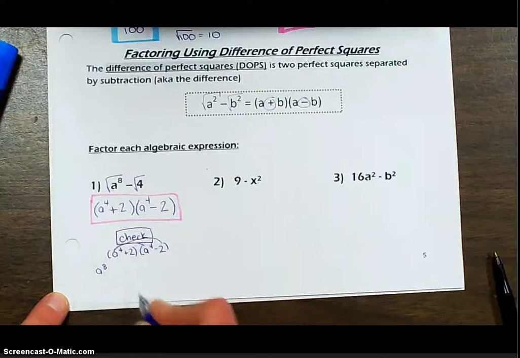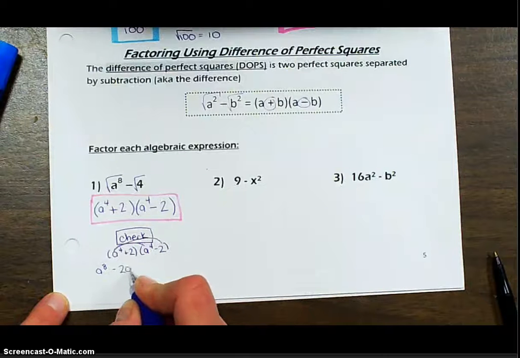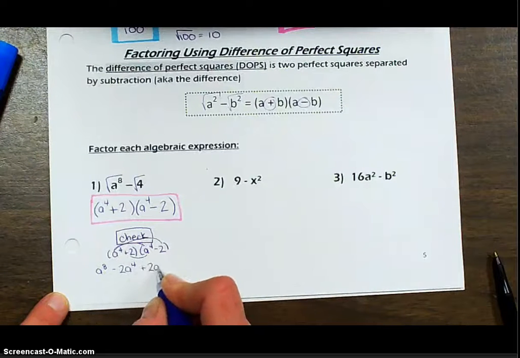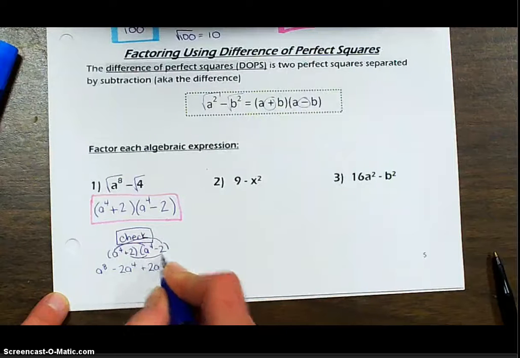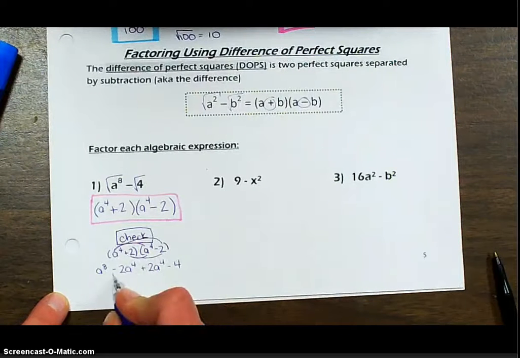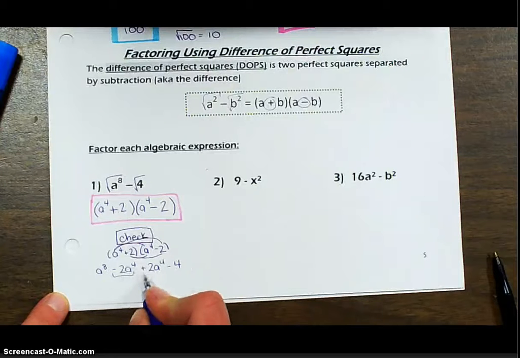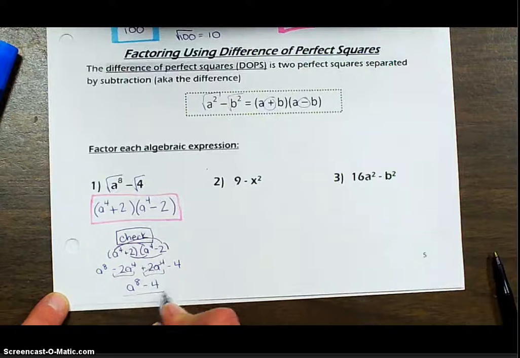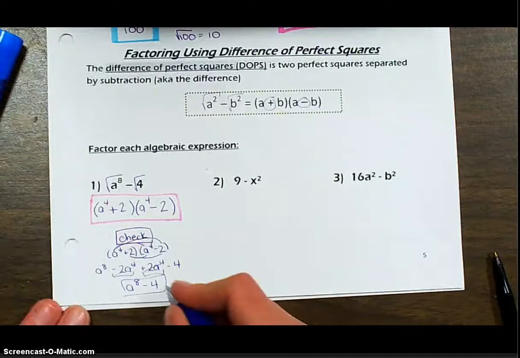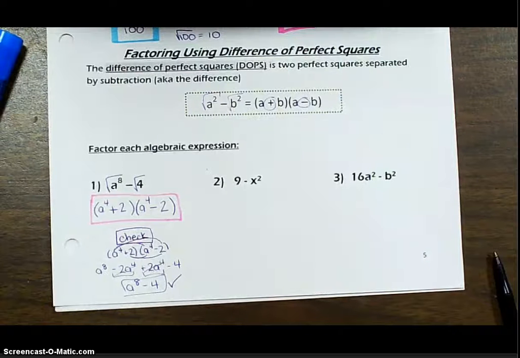A to the 4 times negative 2 is negative 2a to the 4. 2 times a to the 4 is plus 2a to the 4. And positive 2 times negative 2 is negative 4. When I combine like terms, the negative 2a to the 4 and positive 2a to the 4 cancel. So I get just a to the 8 minus 4, and that matches my original. So it checked.